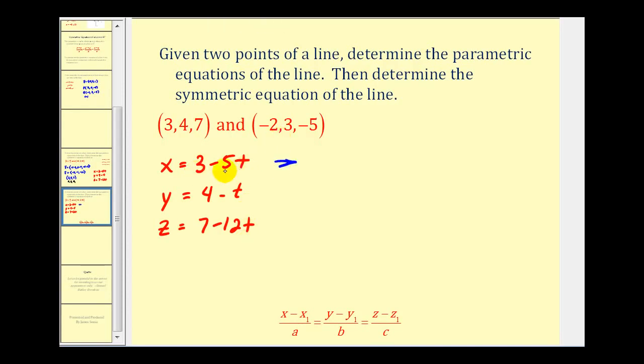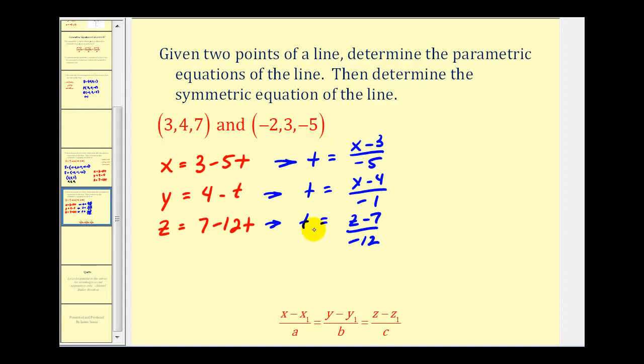To solve this equation for t, we would subtract 3 on both sides and then divide by -5. For this equation, we would subtract 4 and then divide by -1. And here we would subtract 7 and divide by -12.